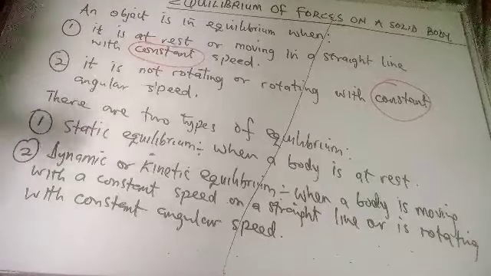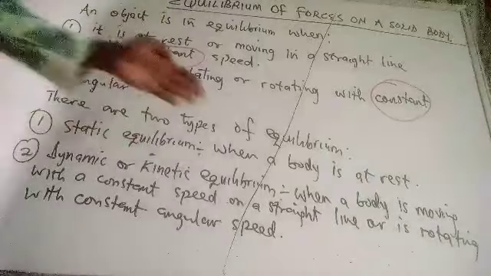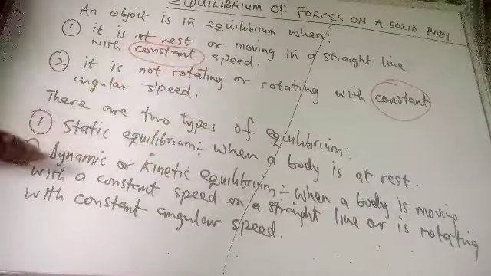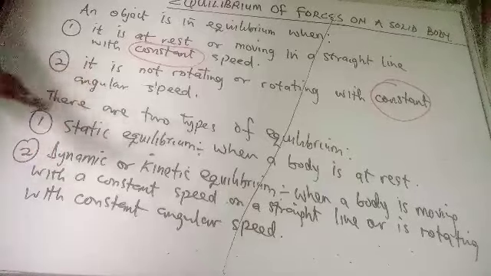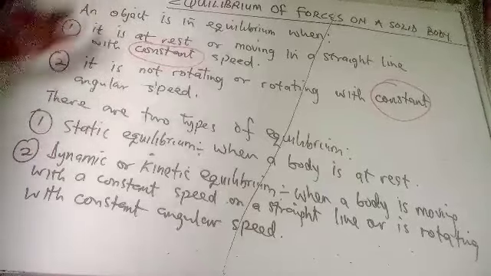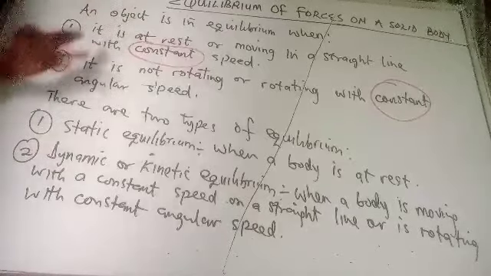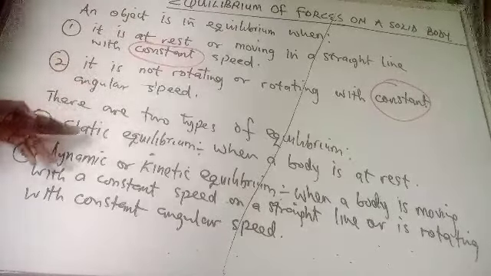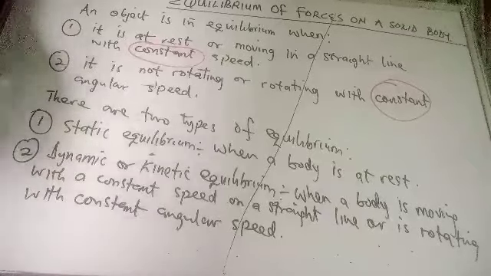Now, what are the types of equilibrium we have? The types of equilibrium we have are static and dynamic, which can be likened to the conditions for a body to be in equilibrium. When we say something is static, that means something that is not moving at all.